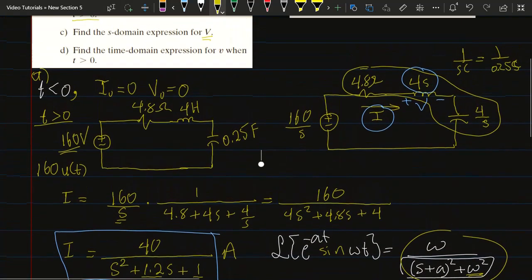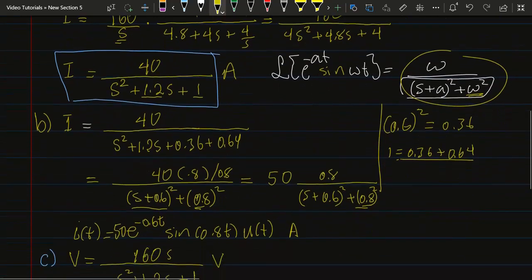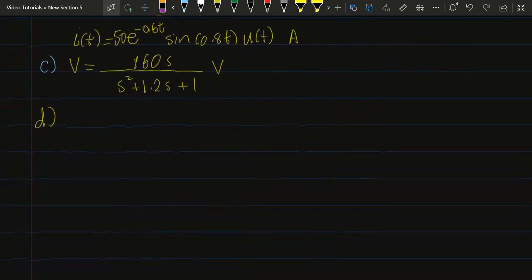So for part D, it's asking now to find the time domain expression for V, and just for the entertainment of it, I will just find the inverse Laplace transform in a different way now, which is by finding the roots of this equation here, so that you be exposed to both ways to do the inverse Laplace transform.